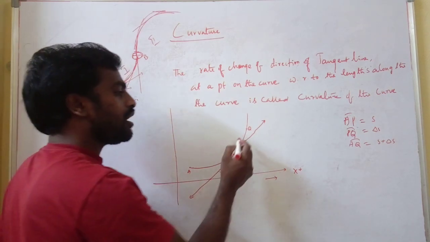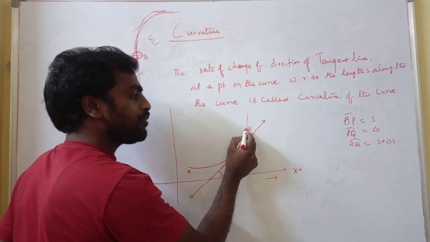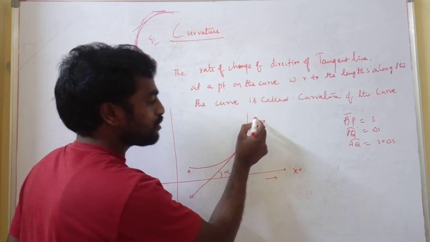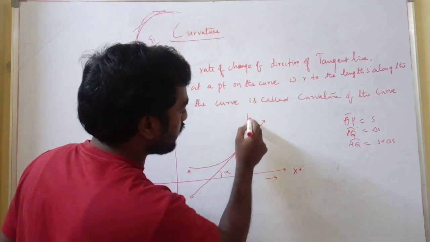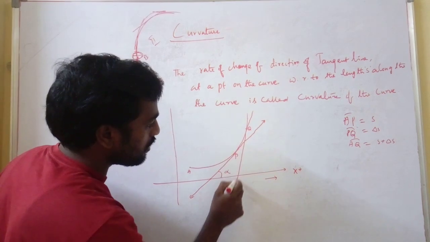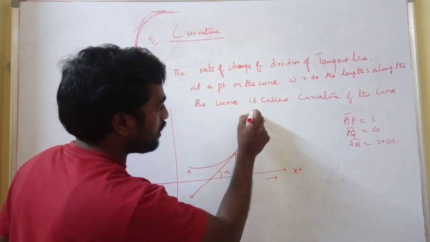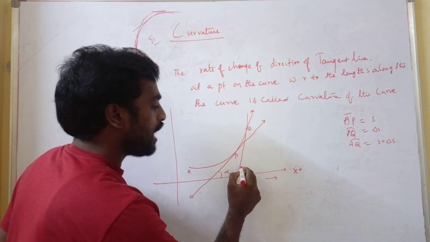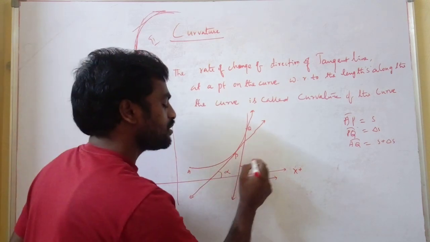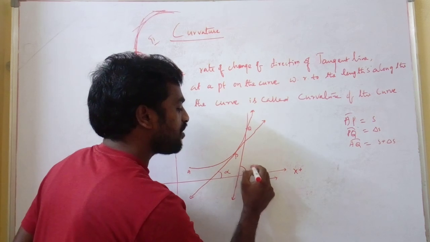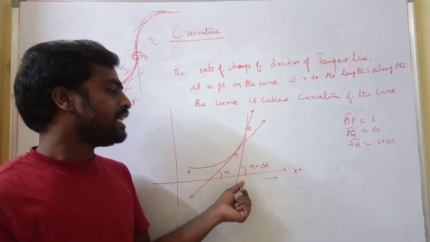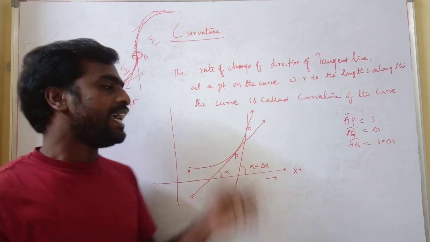Next, we should draw another tangent line at point Q. This tangent also crosses the x-axis, so it will also make an angle with the positive direction of the x-axis.